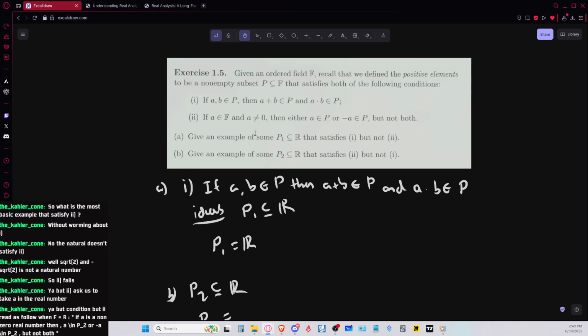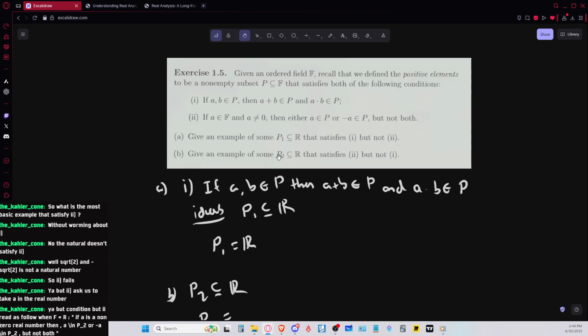Yeah, but the condition, but read, 2 reads as follows: when F is equal to R, if A is a non-zero number, it just basically says that A is in F. I don't see where it says F is equal to the real numbers.